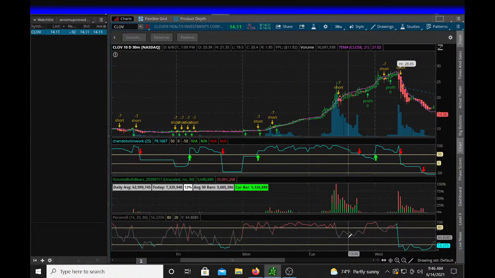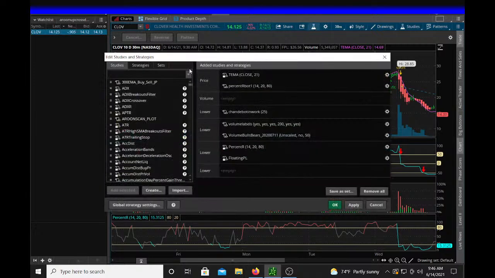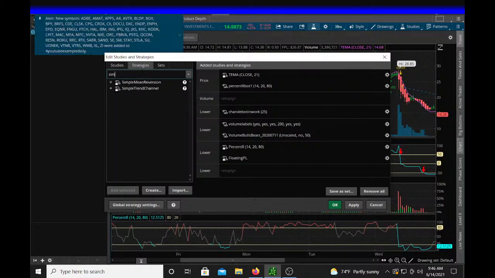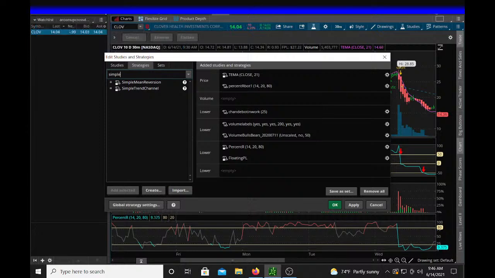All right. Also, let's just pull up a strategy here and make it a simple moving average strategy. All right, so let's do simple trend channel.